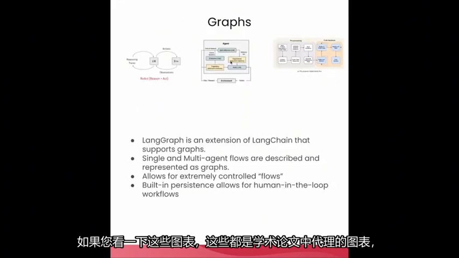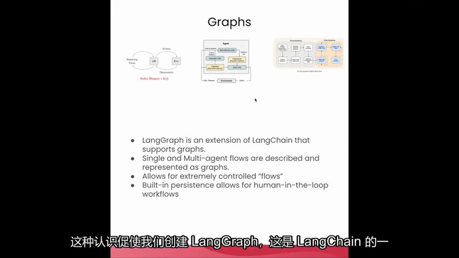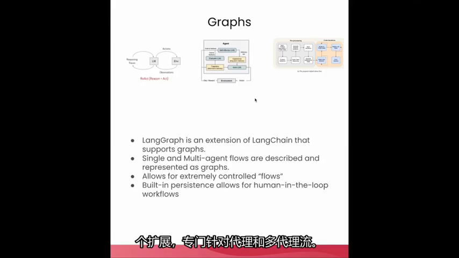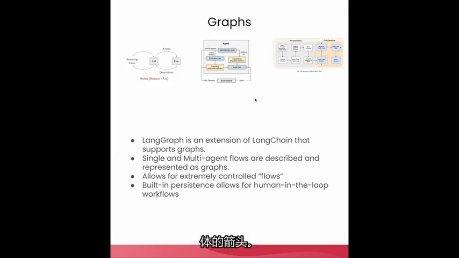If you look at these diagrams here, and these are all diagrams of agents from academic papers, these are all represented as graphs. And that realization was what led us to create LangGraph, an extension of LangChain, specifically aimed at agent and multi-agent flows. Crucially, it allows for really controlled flows. So in these diagrams, there's really specific arrows leading from one box or state to the next.